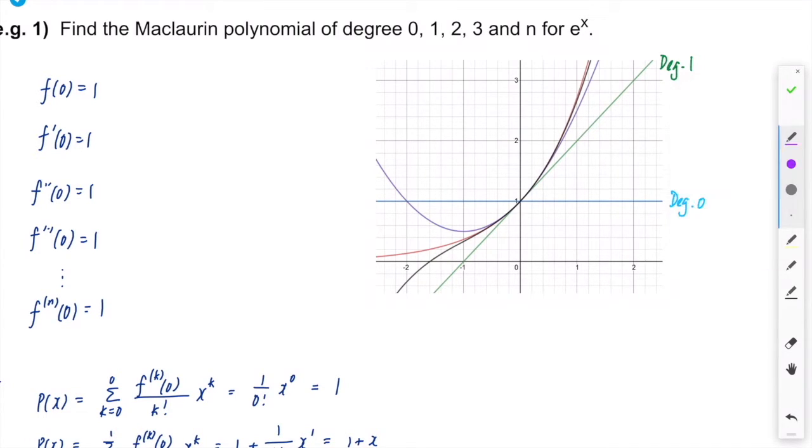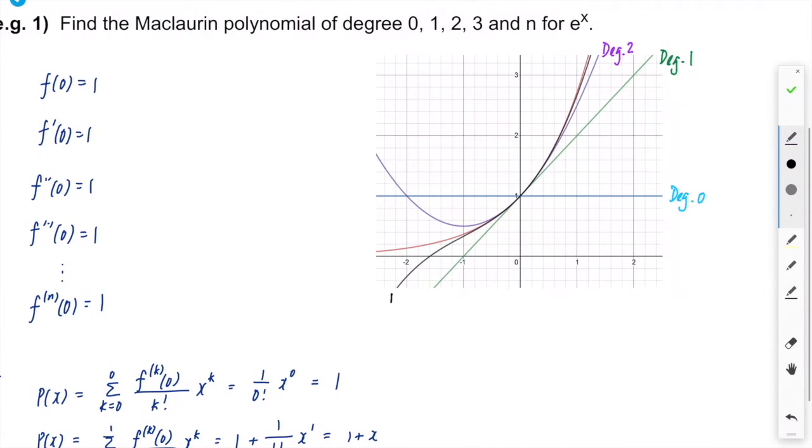I think it's the purple one. This is your degree 2 approximation. And then the black line is the degree 3 approximation, because the red one, I'm very sure, the red part here is y equals e to the power of x. So this one here.